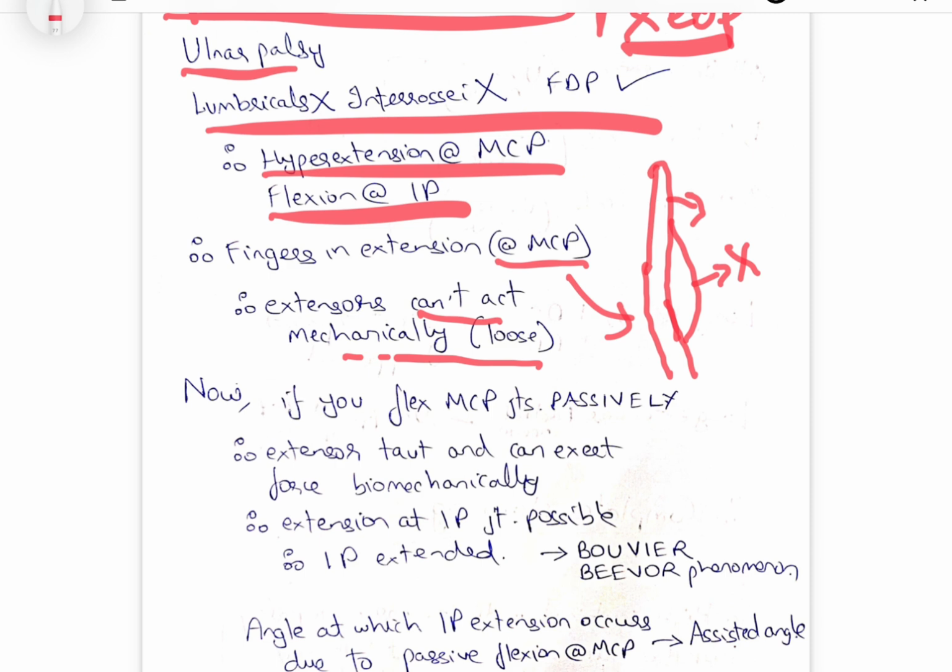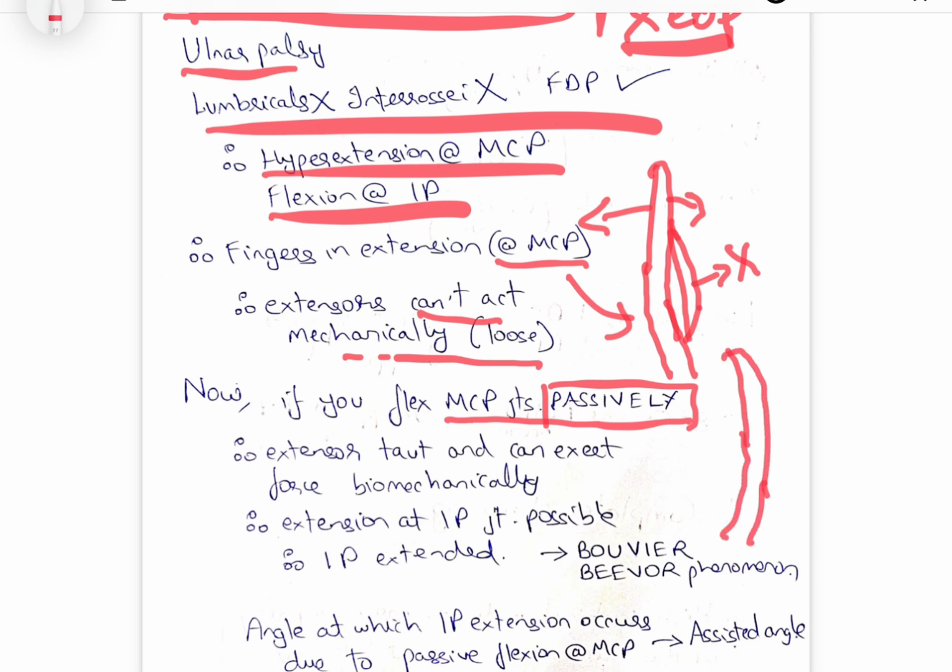Now what happens is if you flex the MCP joint passively, the extensors become taut. Okay, when you flex the finger, the extensors become taut and they can exert the force biomechanically.